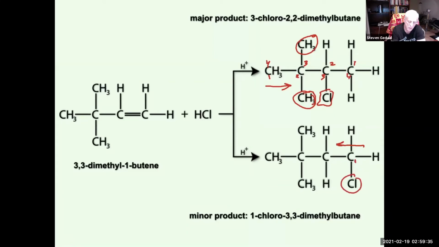The other way, it would get a 2 if I label it left to right. So we're going to label this one right to left, the top one left to right, the bottom one right to left, because we want to give the substituent the lowest number combination possible. This gives a 2, 2, and this one gives a 1 for our lowest number. Does that make more sense?